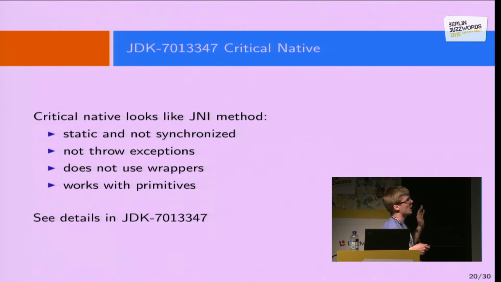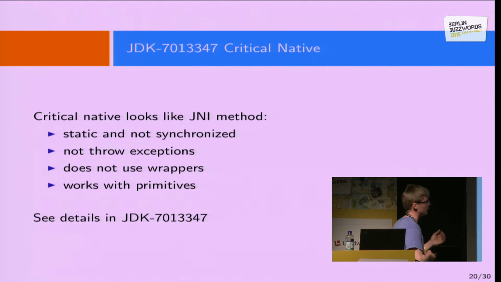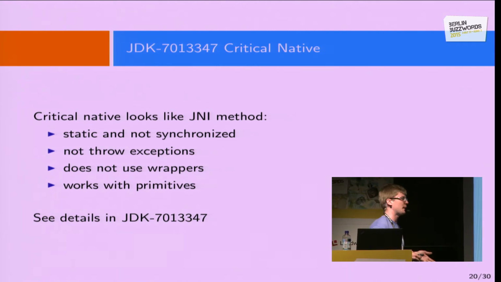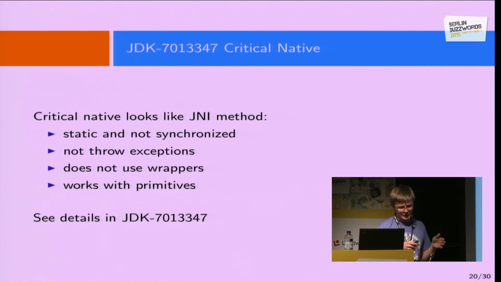What was reduced? A critical method is static and not synchronized, because we don't have to pass the object reference as a parameter of the JNI call. It doesn't throw exceptions. It does not use wrappers, and it works with primitives. Only primitives are allowed, so we cannot manipulate Java classes.